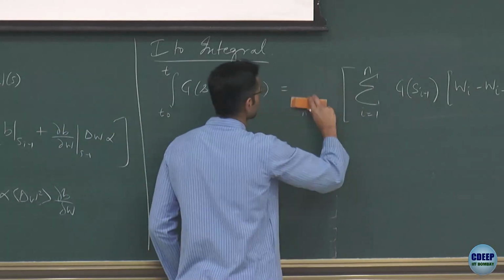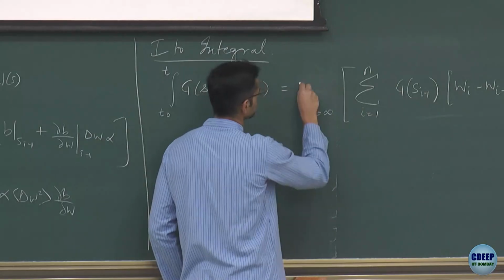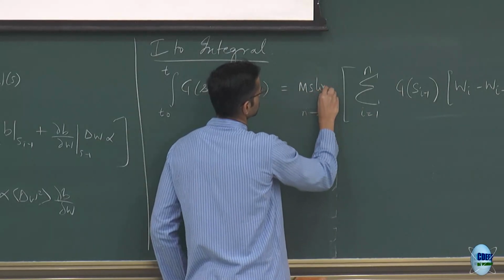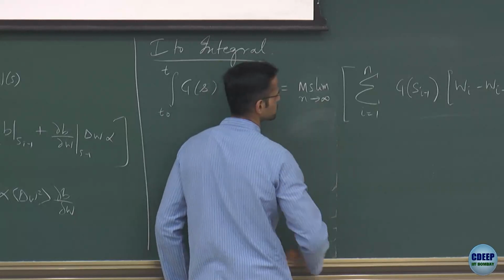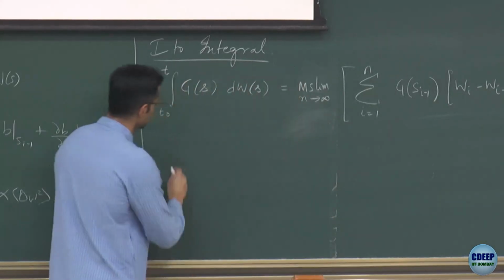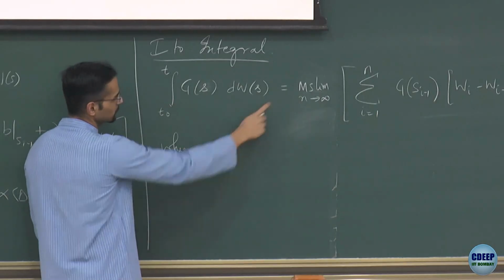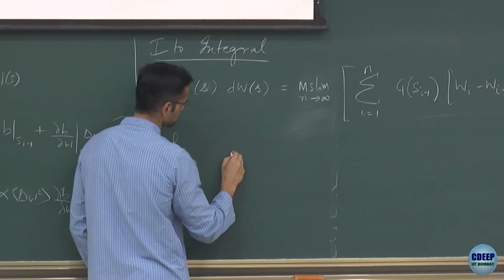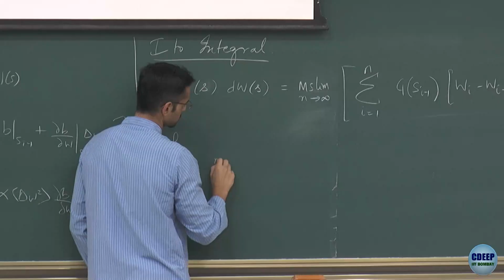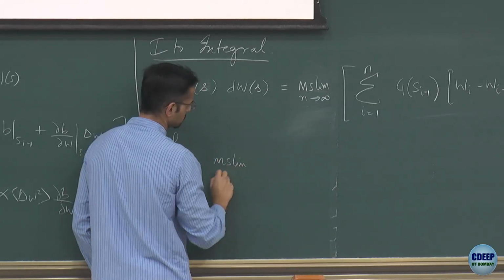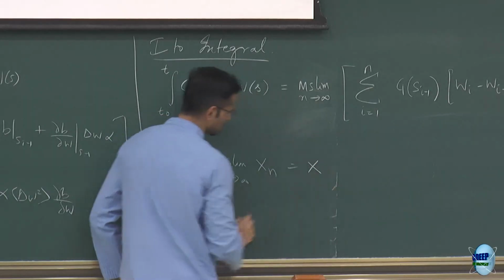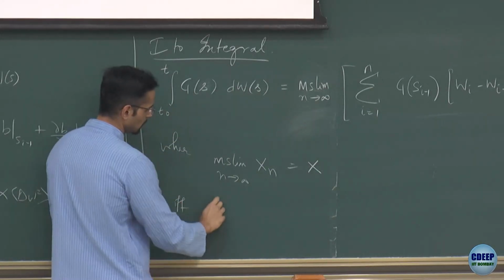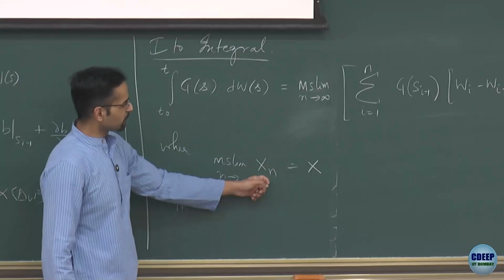So instead of using the limit twice, I'll just say the mean square limit. And what does this thing mean? Now I'm giving you the definition of mean square limit.